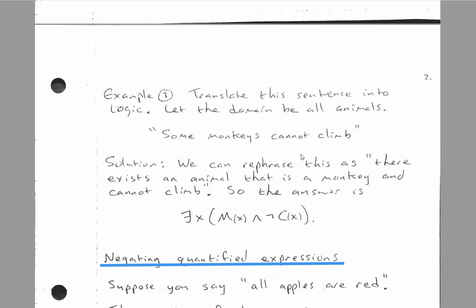So this is an existence statement. We could say it's the same as saying there exists an animal that is a monkey and cannot climb. So out of all the animals we're looking at, we want to say that there's a monkey that cannot climb.